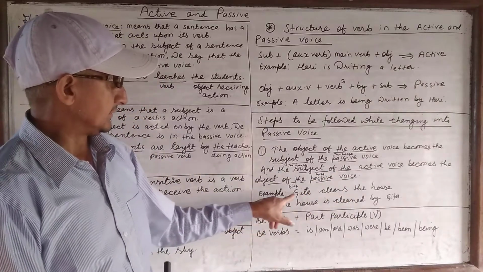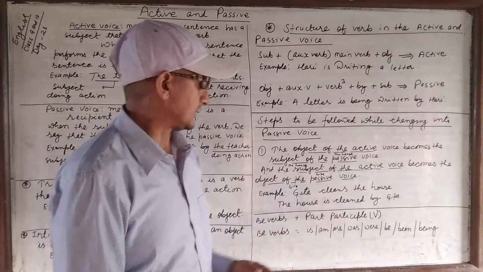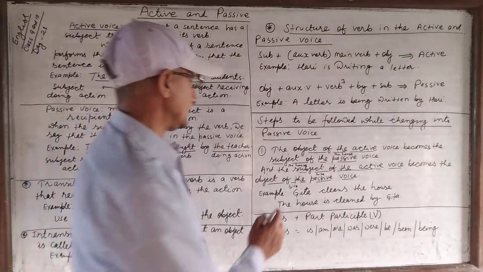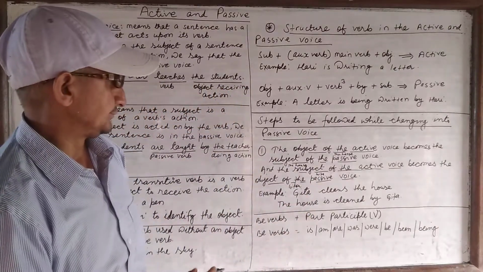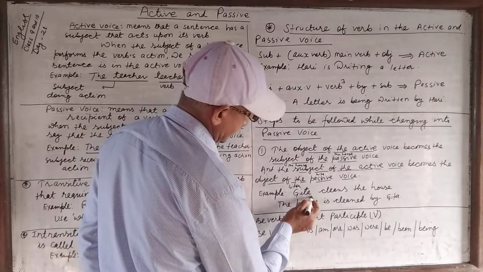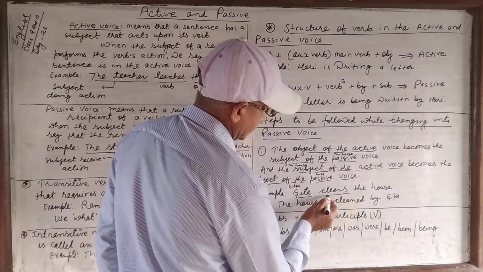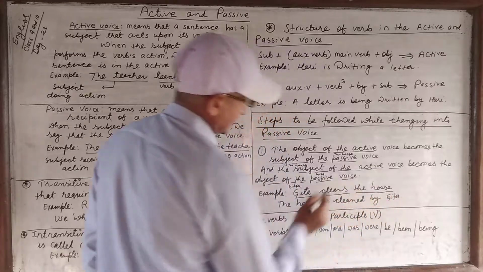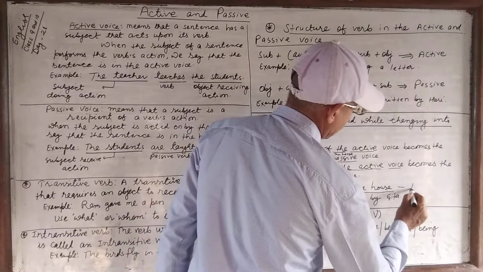The example: Gita cleans the house. Gita is subject, cleans is verb, the house is object, and this sentence is in active voice.